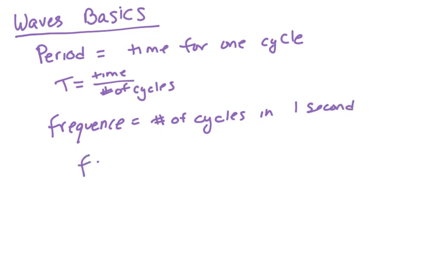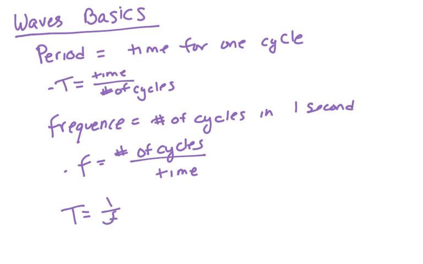So to find the frequency, I would take number of cycles divided by the time. You'll notice that these two are inverses of each other, so I can also find the period by taking the inverse of the frequency, and I can find frequency by taking the inverse of the period.